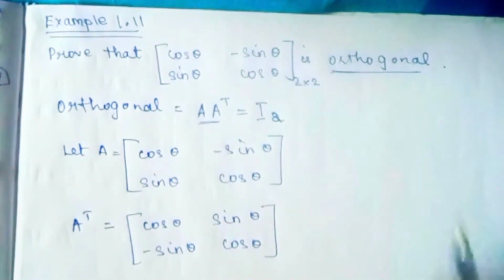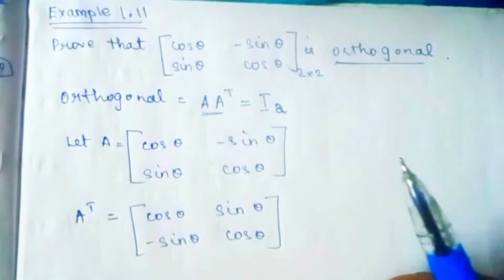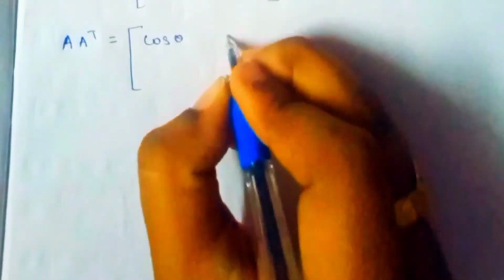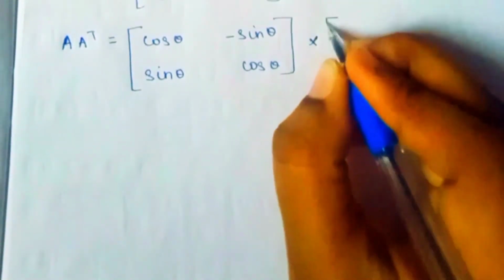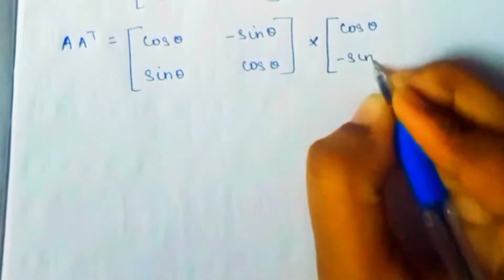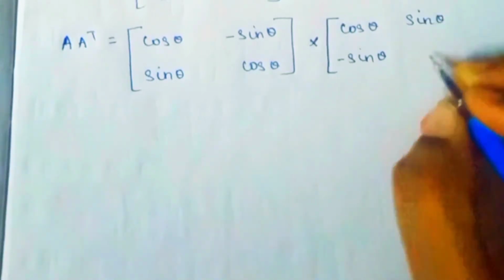Next, you are going to multiply both, A into A transpose. So A into A transpose is equal to cos theta, minus sin theta, sin theta, cos theta, into A transpose, cos theta, sin theta, minus sin theta, cos theta.